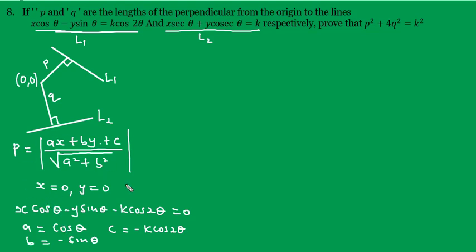So let us substitute. Now I'm not going to waste time substituting x. Okay, let us do it. So p is going to be equal to the modulus of a, which is cos theta times 0, which is 0, plus b, which is negative sin theta times y, and y is 0, because this is our x and this is our y.